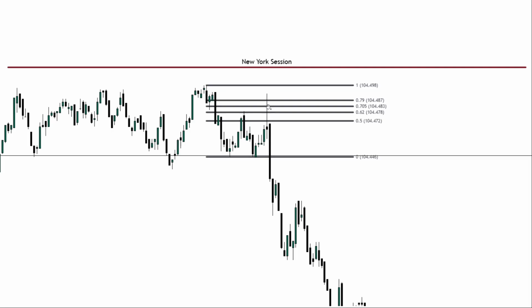Your best position would be short into the 62 to 79% retracement, with a stop above the high, looking for price to continue lower. Why are we looking for this bearish fractal? Because we traded into a higher time frame, 1 hour chart, buy side liquidity. Simple.